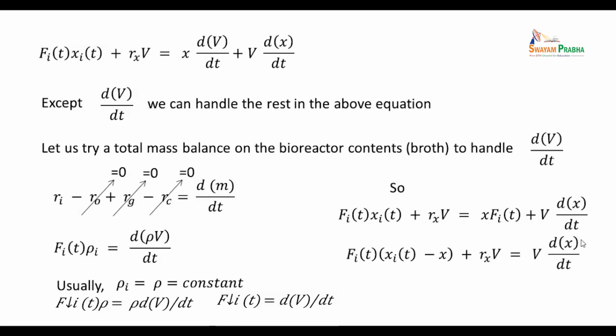All terms are known here, we can take things forward towards our ends, right? So this is the final expression here, dividing it by the volume: Fi(t)/V times (xi(t) minus x) plus Rx equals dx/dt. If these functionalities are known, then we can solve this to get the cell concentration profile in the fed batch bioreactor.